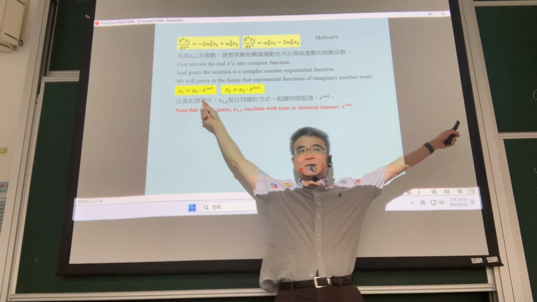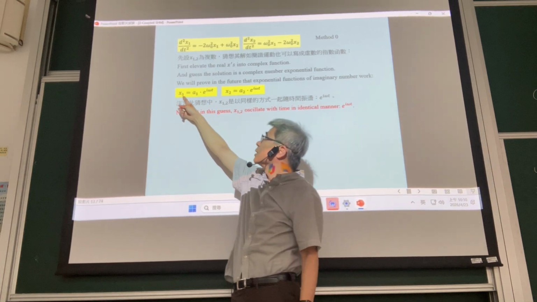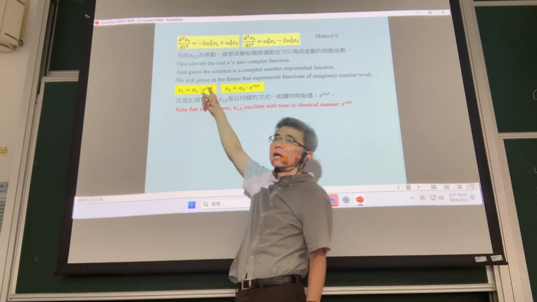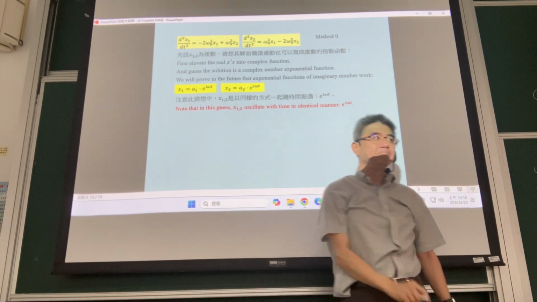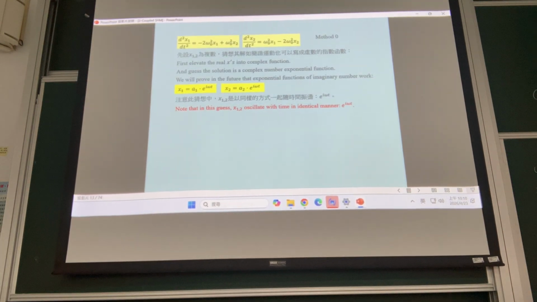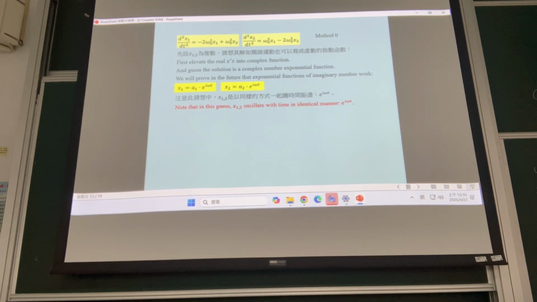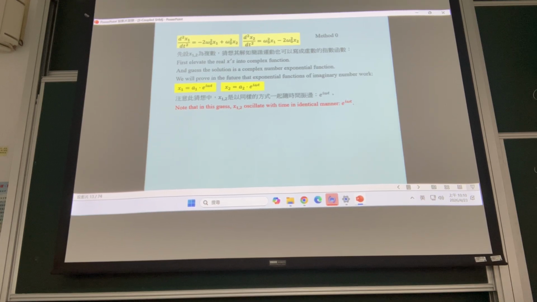the alpha is imaginary, and therefore I can write directly x1 equal to a1 exponential i omega t, x2 equal to a2 exponential i omega t. This is the first step. If you don't understand the first step, I'm not sure how I'm going to go further. So any question?